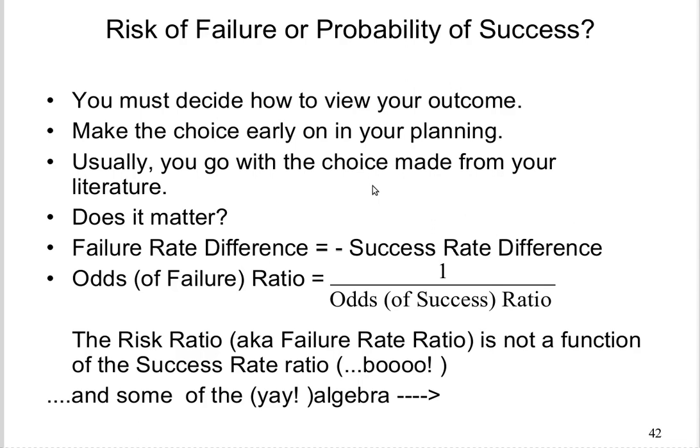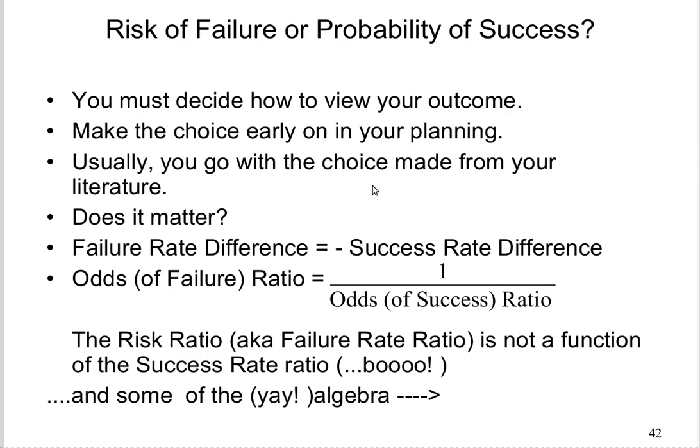That means if one is analyzing the data with a rate difference, it doesn't matter whether you formulate things in terms of the probability of success or the probability of failure. Your analysis will be the same. In the case of the failure rate and the success rate, it's simply a sign change. And in the case of the odds ratio, it is simply taking one reciprocal or another.